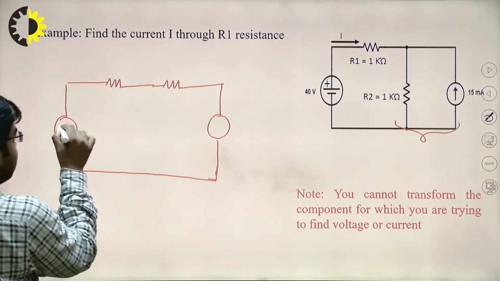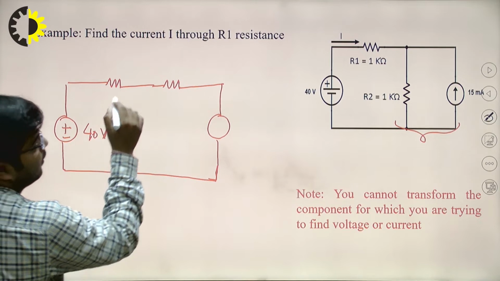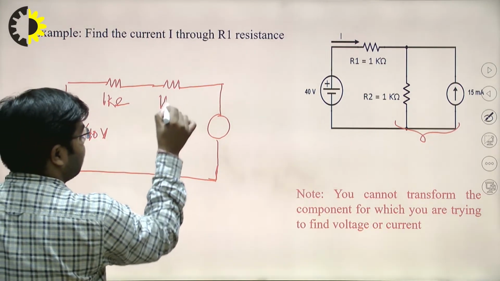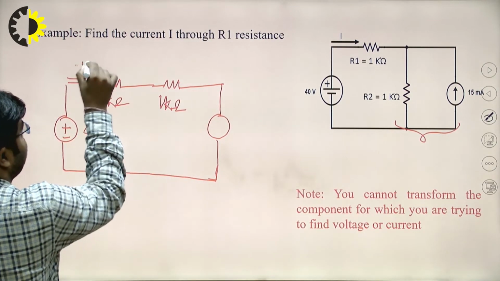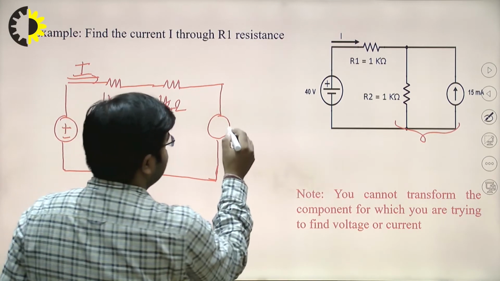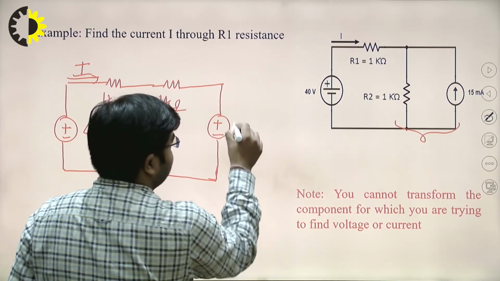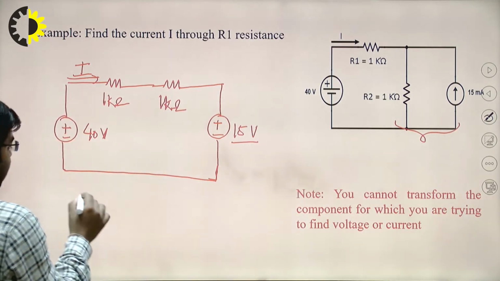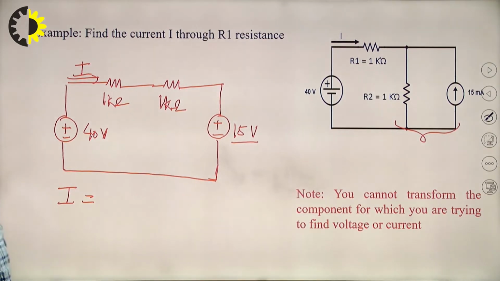So after transferring this current source into voltage source, the network will be like this. So this is the 40 volt voltage source, and this is the 1 kilo ohm resistance, and this is 1 kilo ohm. Okay, and here you have to find out current I, and this voltage value will be equal to 15 divided by 1 kilo ohm, 15 volt. Okay, now you can find out this current I. So this current will flow from the higher potential to lower potential.